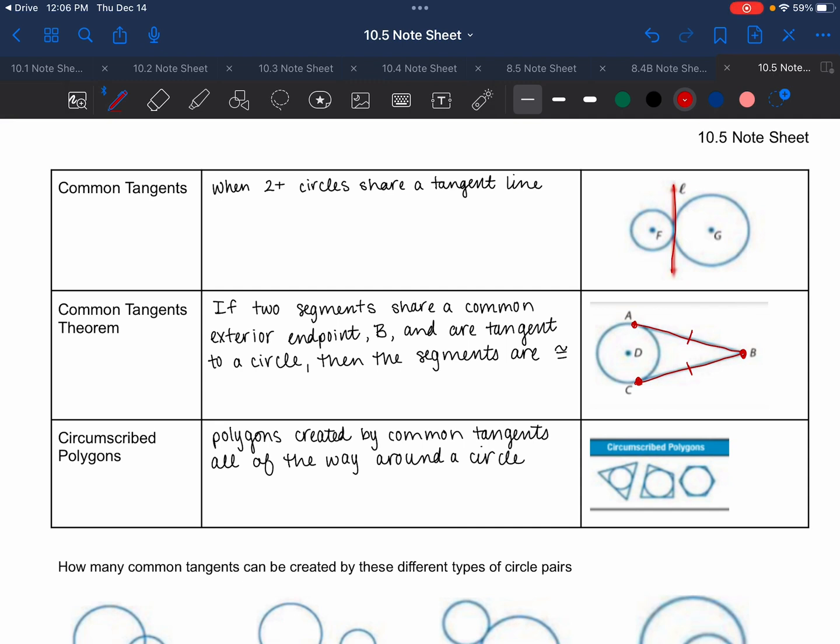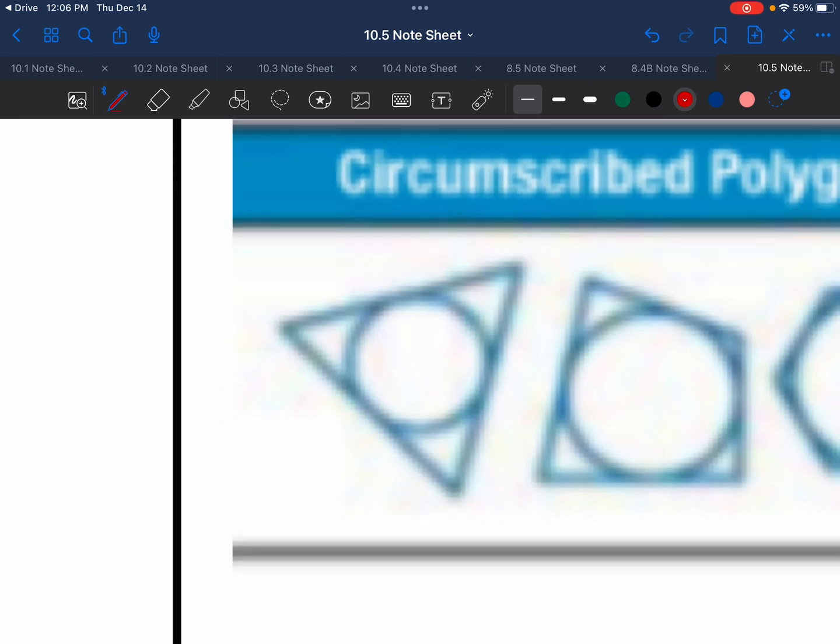And then we have circumscribed polygons. So these are polygons created by common tangents all the way around a circle. So if we look at this triangle here, it's circumscribed. It's saying that this side of the triangle is tangent to the circle, this side of the triangle is tangent to the circle, and this side of the triangle is tangent to the circle.